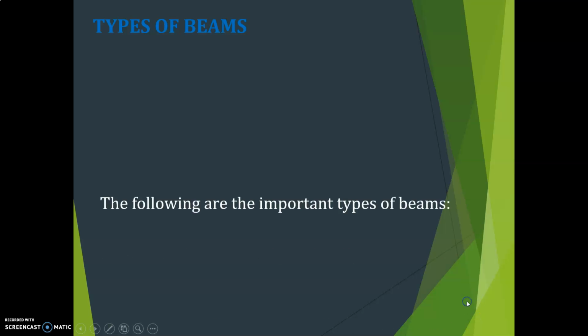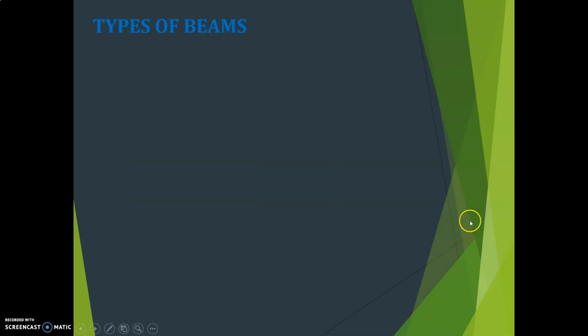There are different types of beams. Okay, I have not explained all of those things. What is important from the syllabus point of view, that I have focused on more, but I'll just explain what the different types of beams are. Beams may be classified as straight and curved beams.